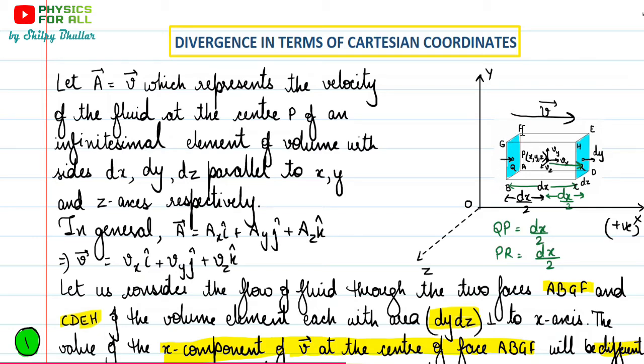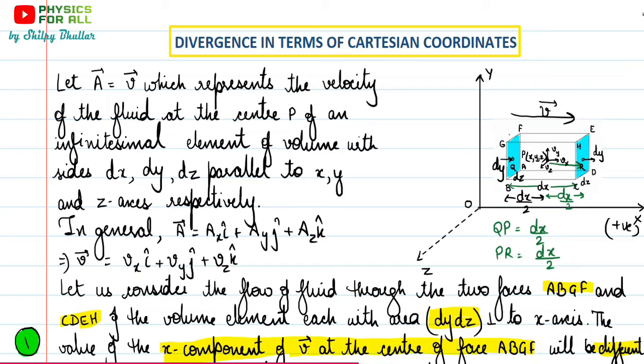As you can see, these faces look like parallelograms, and for the area we can simply multiply the lengths of the two sides. Sometimes we write it as base into height. And what is the length of these two sides? That is dy and dz. This is dy, this is dz. So this is the area.